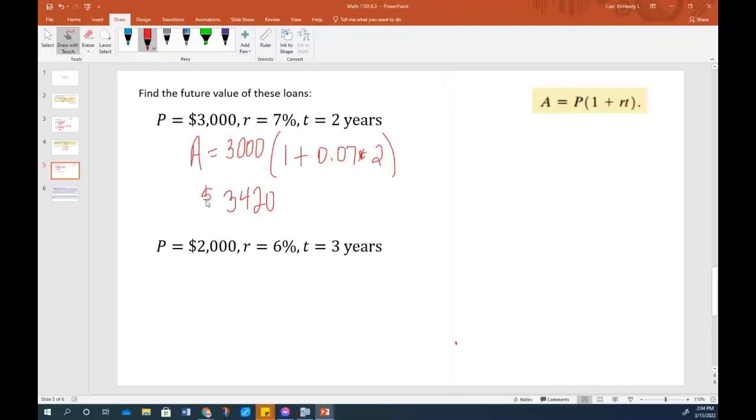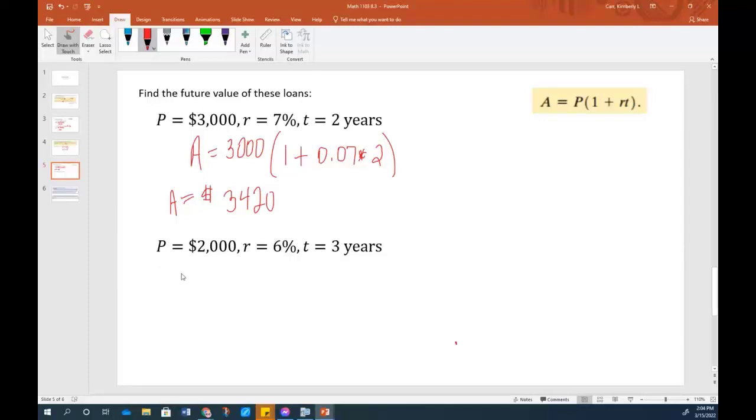In other words, you borrowed $3,000, and you're going to have to pay back $3,420. That's why the bank's willing to loan you money, because they're making money off of it. It does take time. If they loan it to you today, then their future value would be the $3,420.